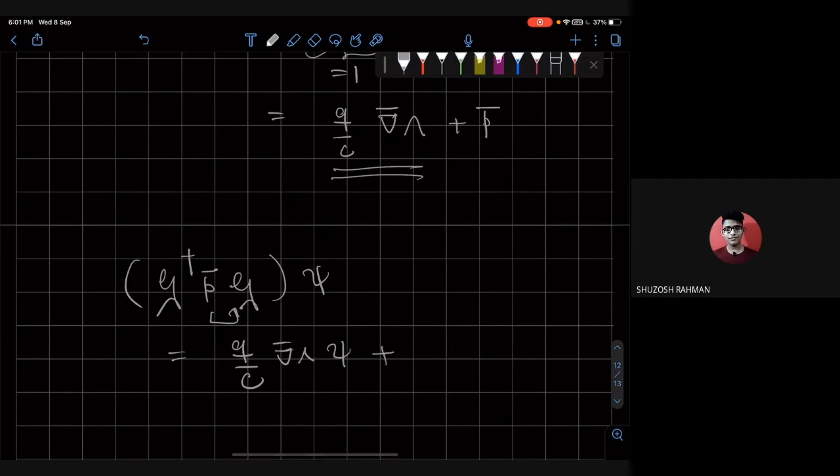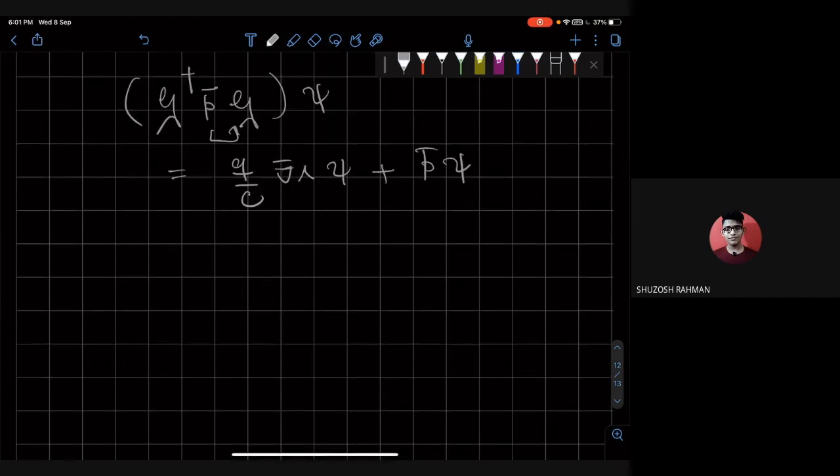But the second term is going to give me P acting on psi, right? So I can write that G dagger P G is equal to Q by C gradient of lambda plus P. Okay, is that clear? Is it clear where this P is coming from?